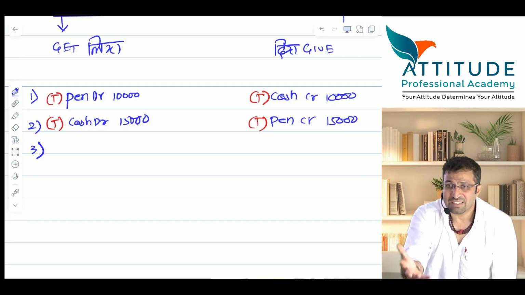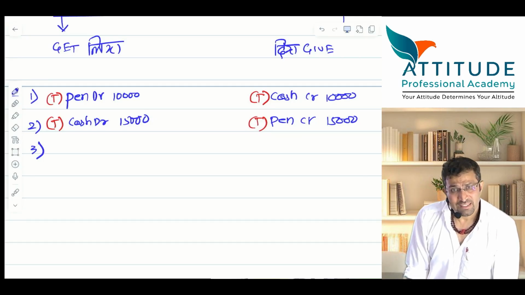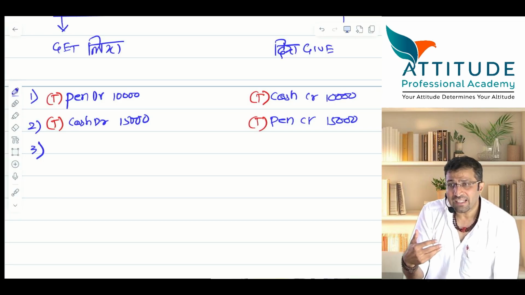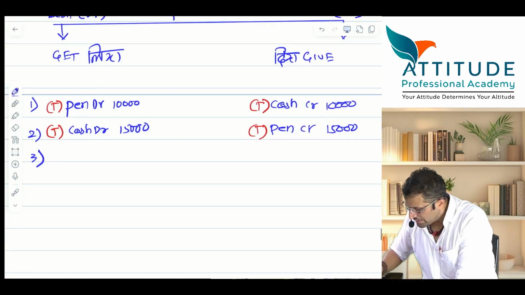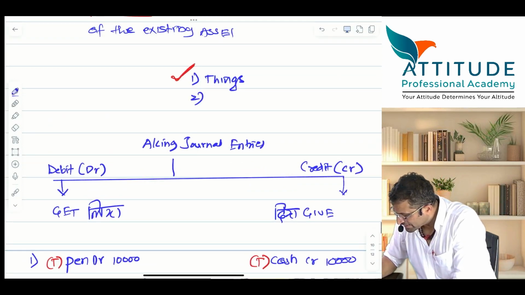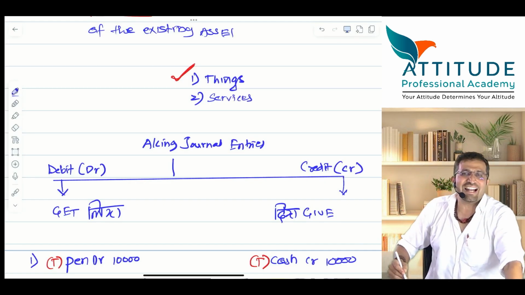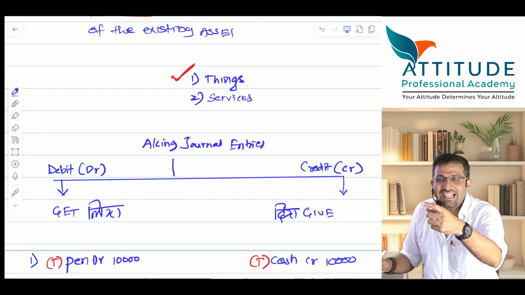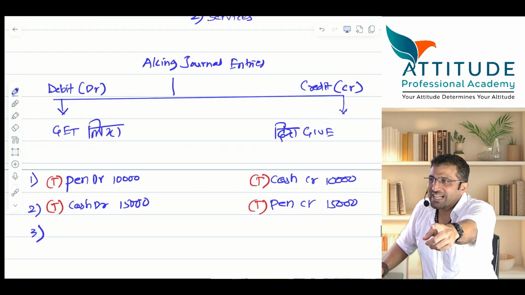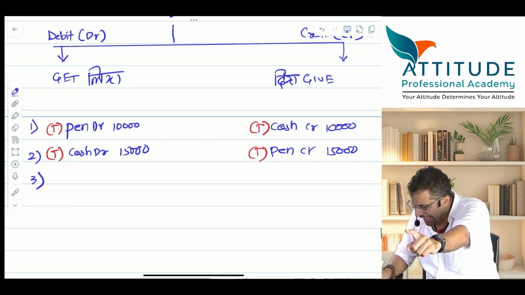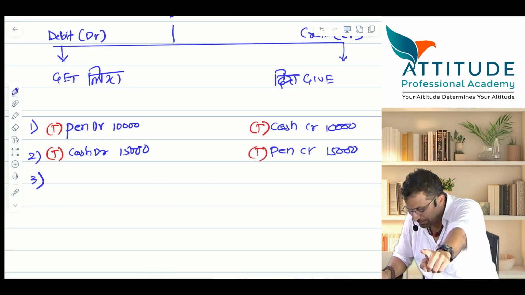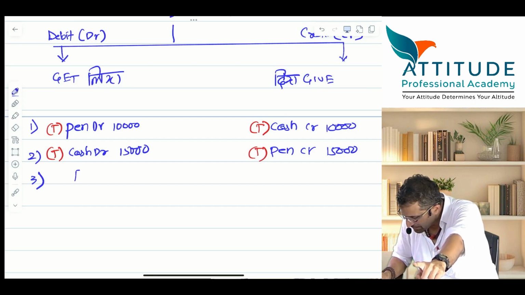But I render you service. It means that business में सिर्फ चीजों का लेन देन नहीं होता. किसका लेन देन हो सकता है? हो सकता है सर्विसेज का. सर सर्विसेज का भी लेन देन होता है. Now tell me, I rendered you a service. My charges are 1,000 rupees. And you paid me 1,000 rupees. Tell me, what did you get? Repair services.